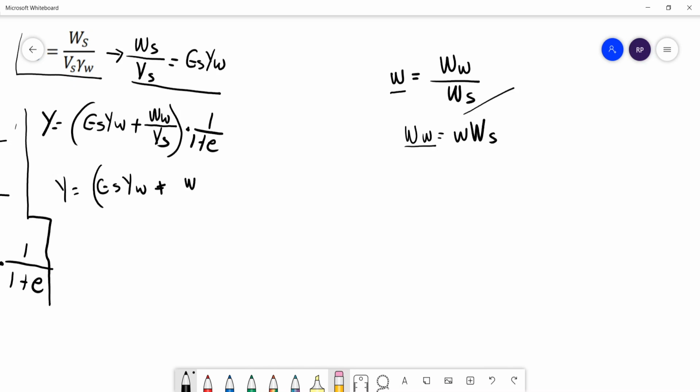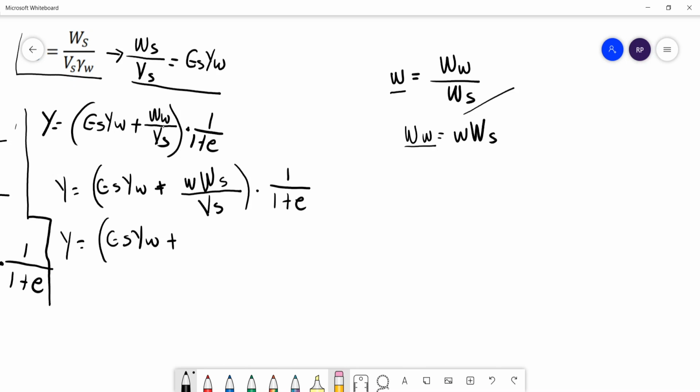the WS all over VS, multiplied by 1 all over 1 plus E. So we would have, ulit, that is GSYW plus, so WS all over VS. Ano ba yung ginawa natin?